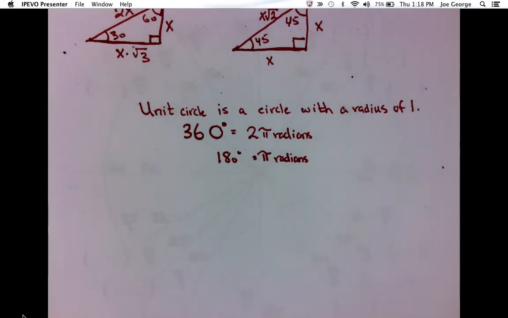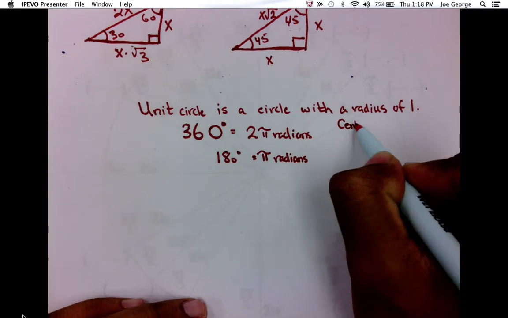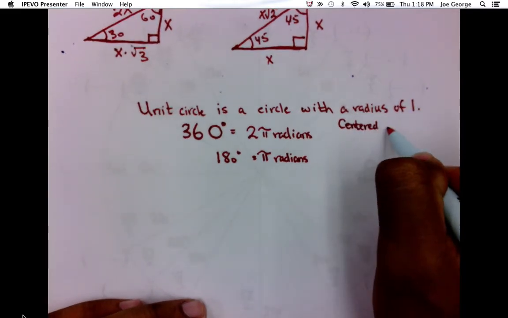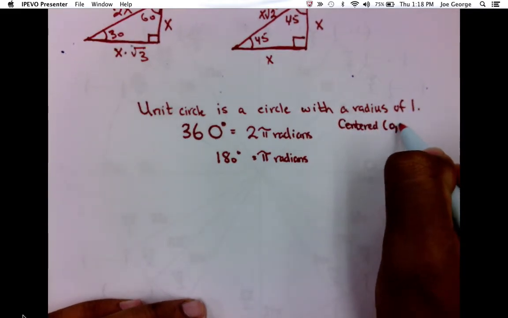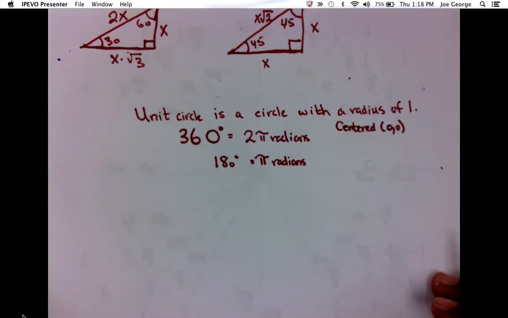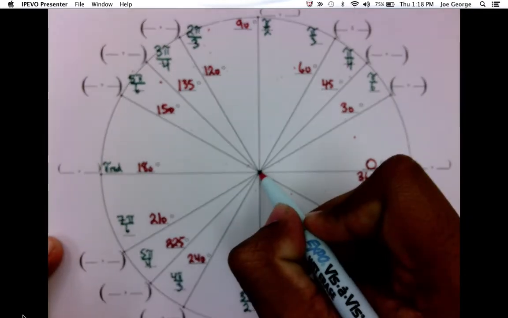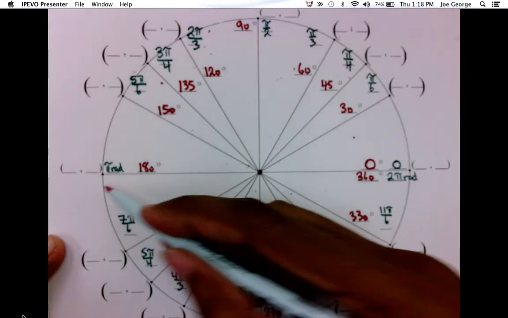And more specifically, just to add on, it's centered about the origin, which is 0, 0. So if I have a radius of 1 and I'm starting at 0, 0, imagine this is my x and my y-axis.